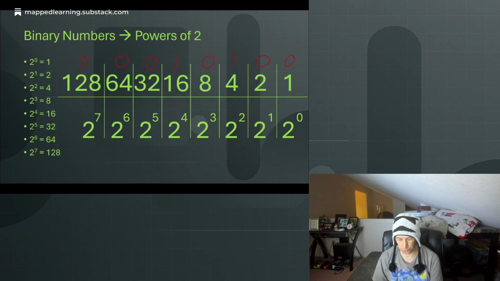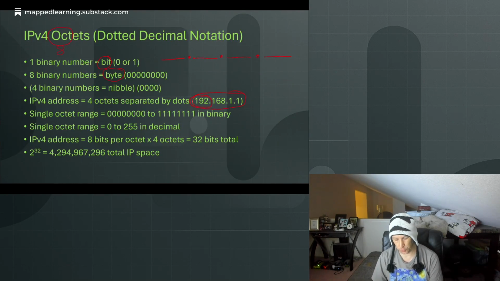The rest are zeros. You just add them together. So 192.168.1.1, those all break down into binary sets of 8 digits, 8 binary bits.